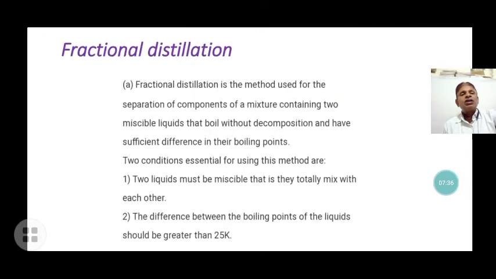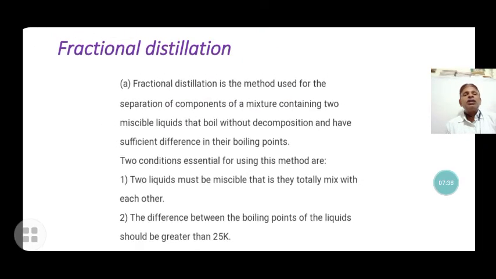Here is another example of the types of distillation: fractional distillation. It is used for separating the components of miscible liquids whose boiling points differ. The difference of the boiling points of the components is less than 25 degrees Celsius, that is 25 Kelvin.